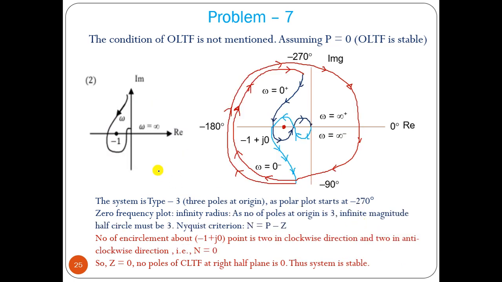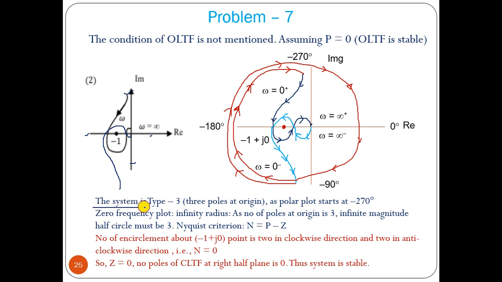Now the second problem, here this is the plot. Now we can plot the inverse polar plot, and here this is type 0, type 1, type 2, type 3.